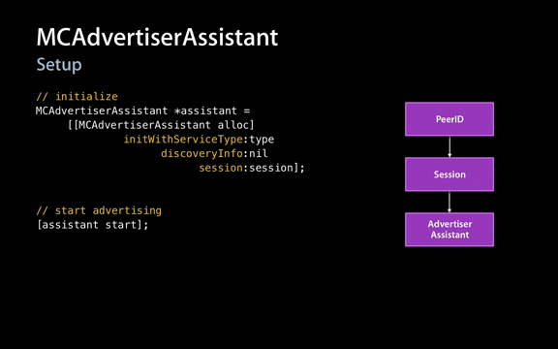I want to say that the service type is a Bonjour service type, and I encourage you to register it as such once you've decided which service type you want to use. The second parameter is discovery info, and we'll talk about discovery info in more detail later. So let's just set that to nil for now. The third and last parameter is the session object that we instantiated earlier. Once we've instantiated the advertiser assistant, all we have to do is start it by calling the start method. And that's it. We're done setting up the advertiser.